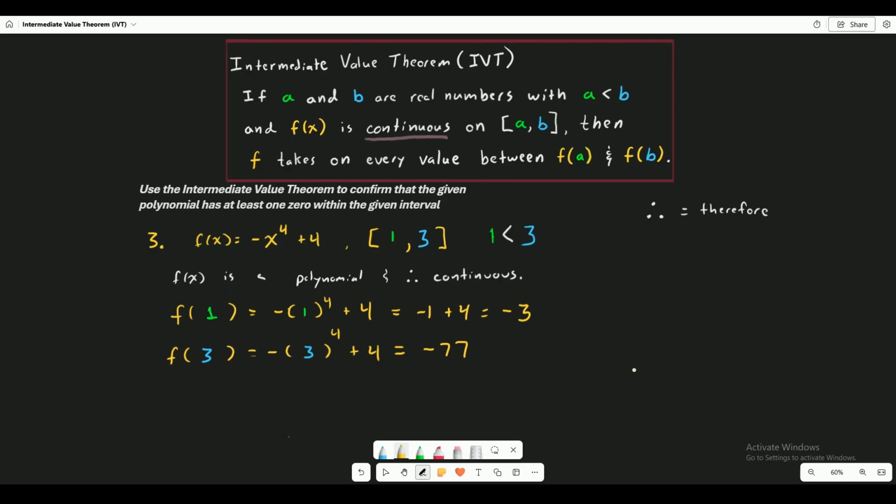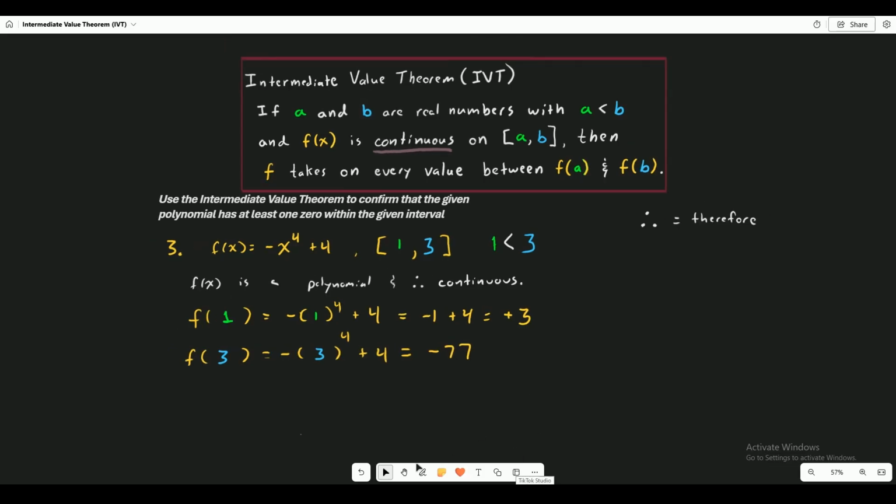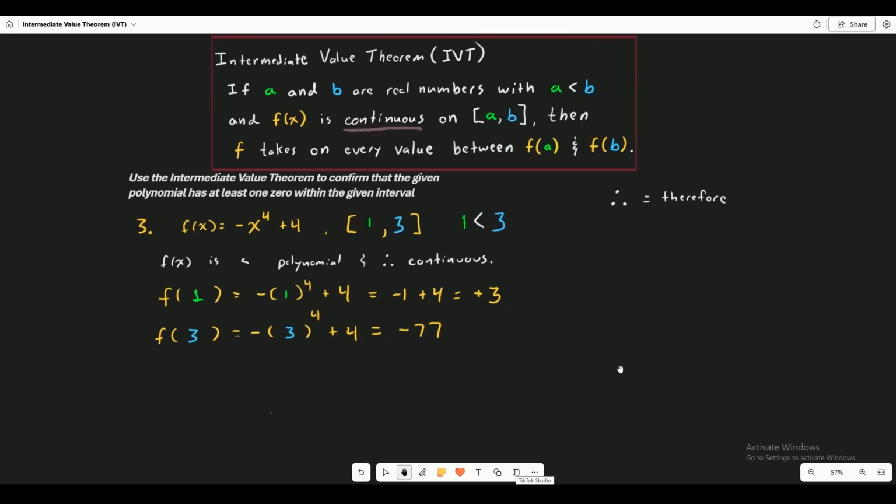Wait a minute. This one's positive. Why didn't anyone tell me? Just kidding. All right, so we went from positive to negative. So, there it is. This time, instead of going from negative to positive, we went from positive to negative. Then, now we can write our conclusion.